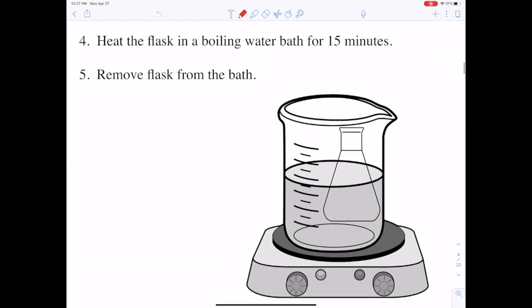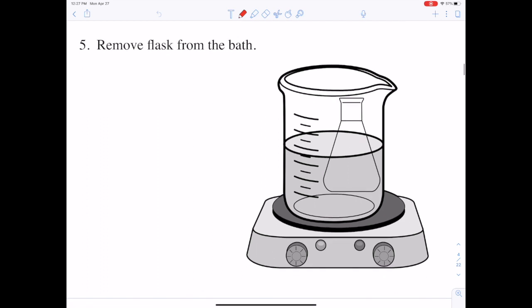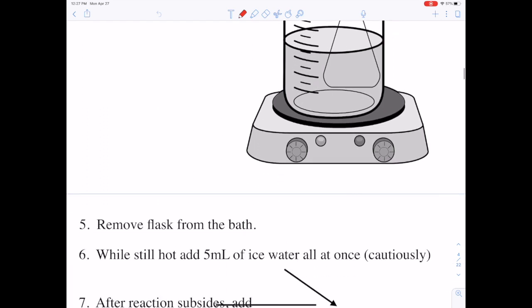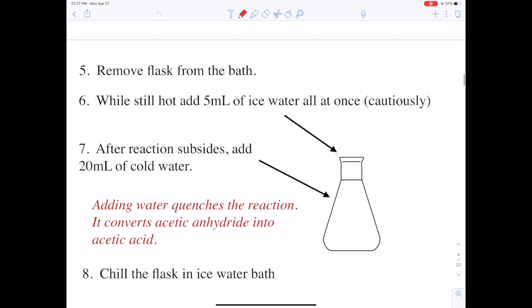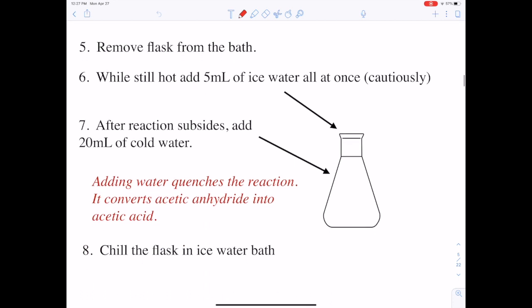The flask is then boiled for 15 minutes and then removed from the hot water bath, and the reaction is quenched by adding ice water, and this then destroys the acetic anhydride so that the workup can produce a pure product.